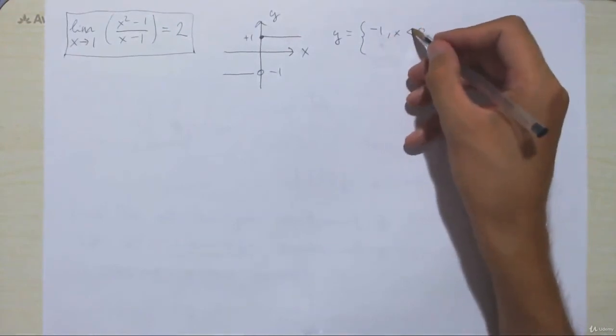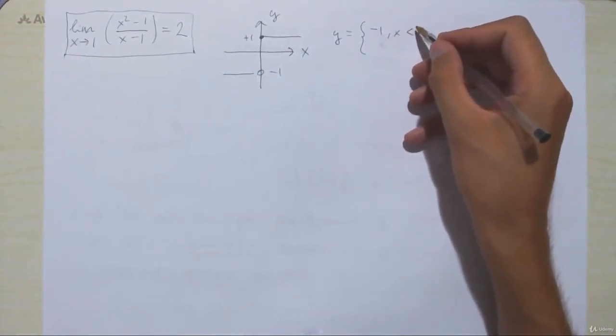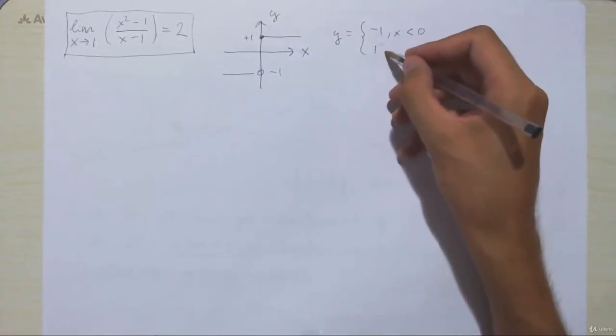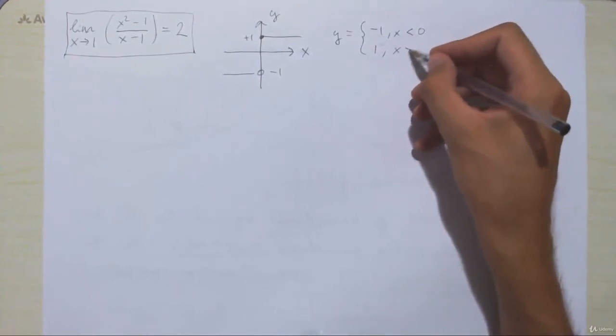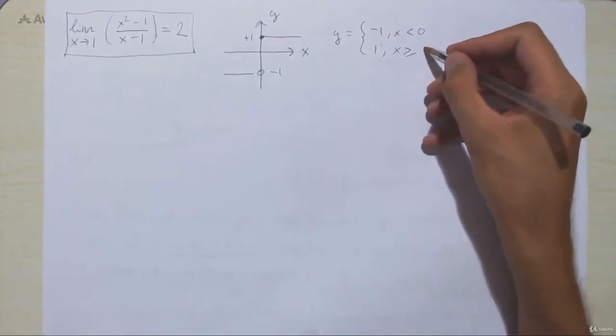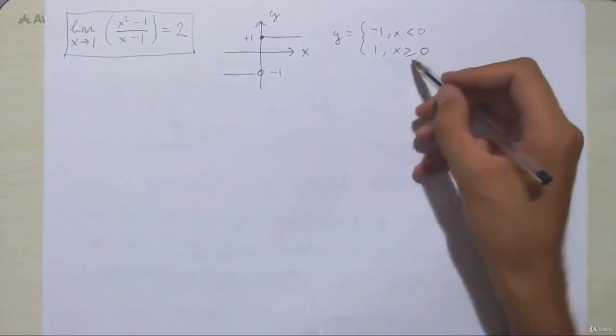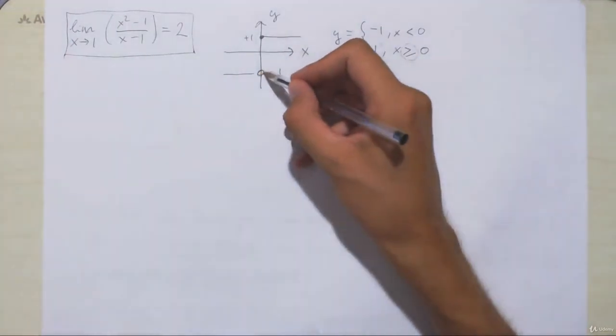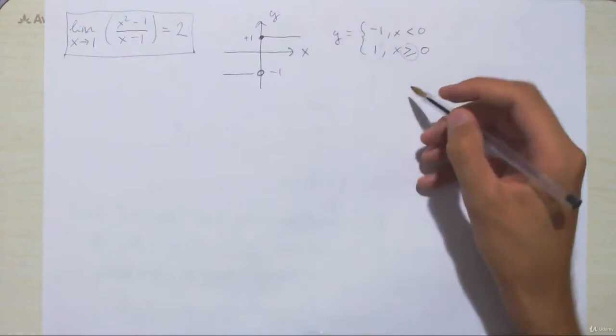And remember, if it's just smaller, not smaller or equal to, then 0 is not included. But then 1 is when x is bigger or equal to 0. So now, because of this sign, 0 is included. So I have a void here and I have a point here.